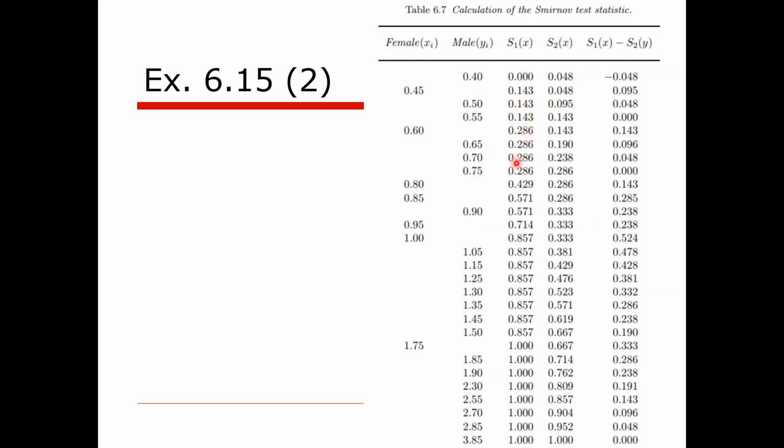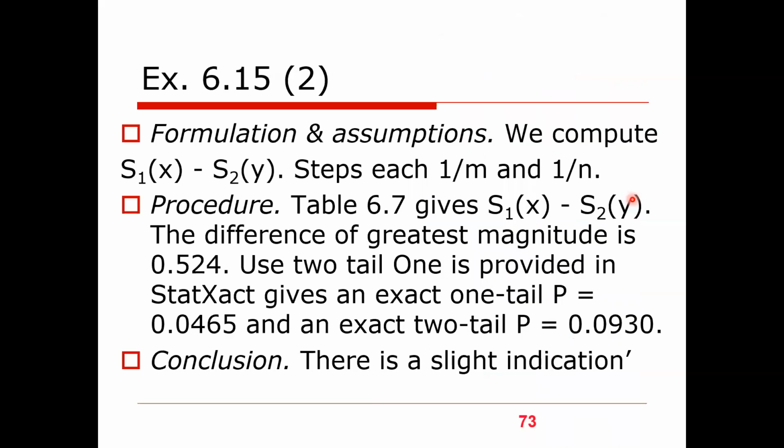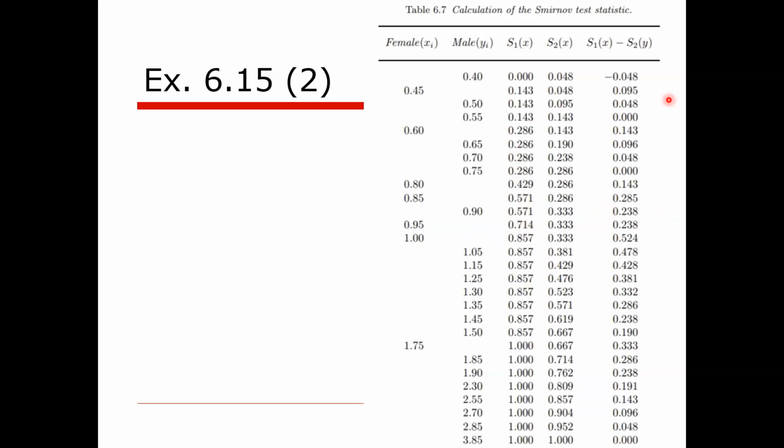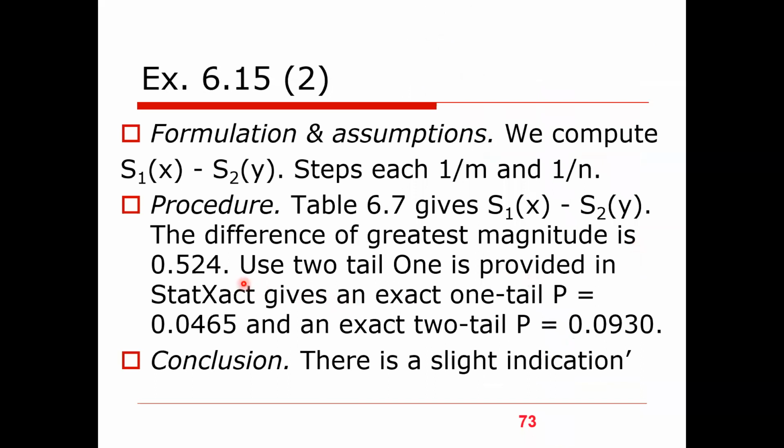Then there are a lot of repeated values here because the sample size is small. That's the way we have one value in female corresponding with one value in male so that we can get the difference between S1 and S2. So using this table, we can get the greatest magnitude as 0.524. This column is the magnitude of the two Sx, and the greatest value is here, 0.524.